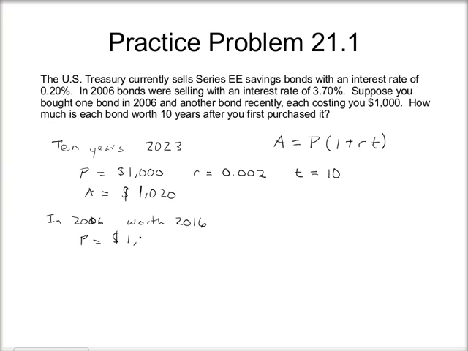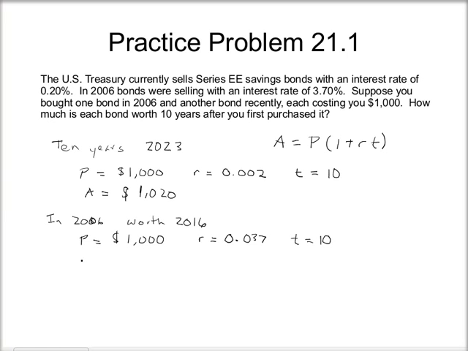I bought a $1,000 savings bond. My interest rate is higher. This bond had an interest rate of 3.70%. So if I change that to a decimal, that will give me 0.037 as my rate. And the time is also going to be 10 years for this one.